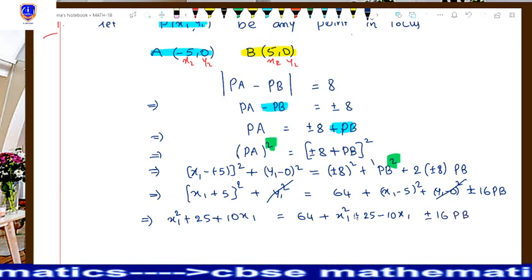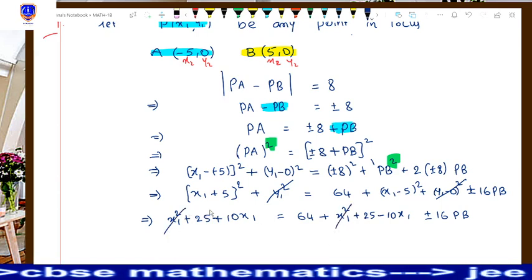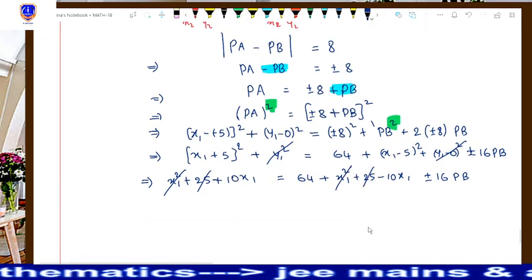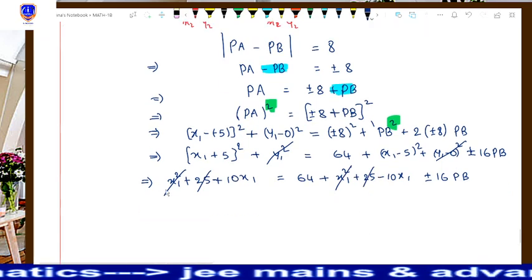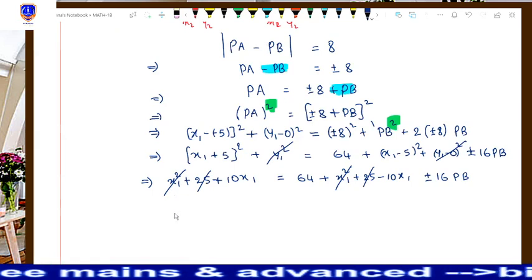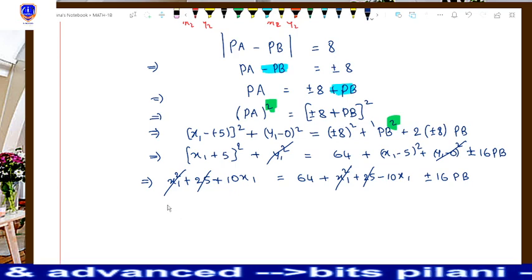Now take a look at both of the sides. If the same terms exist, cancel those terms. So x1 square and 25 exist on both of the sides, so they are cancelled.